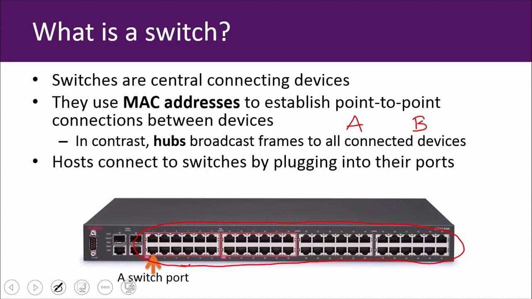Okay. Another cool thing to note is that every single port on a switch is associated with a specific MAC address, right? So the port on a switch is associated with the MAC address of the device that's connected to it.